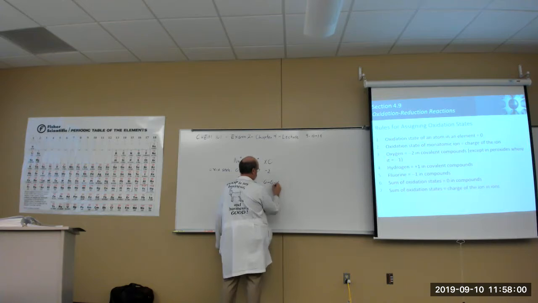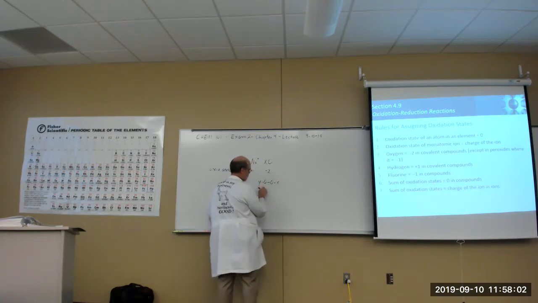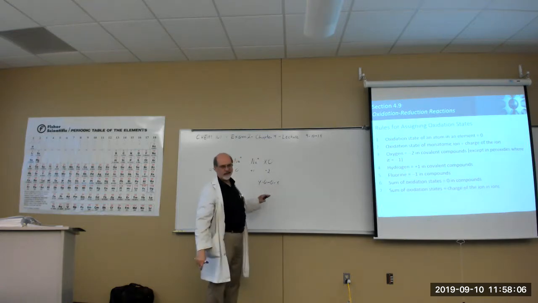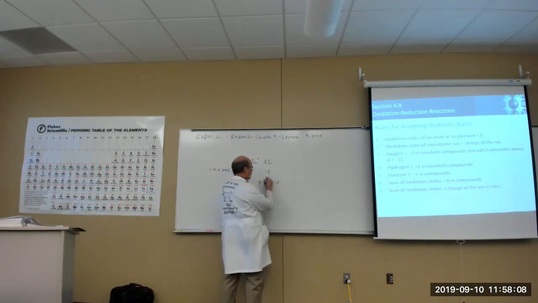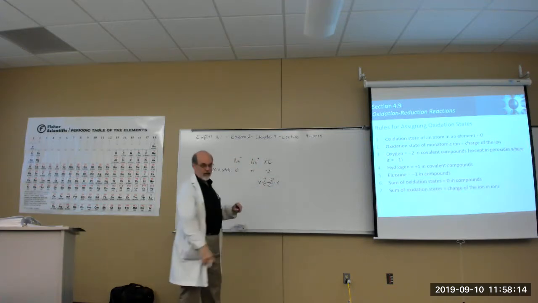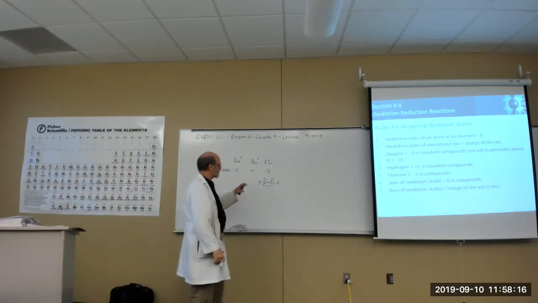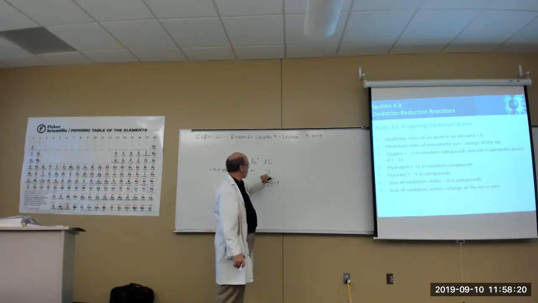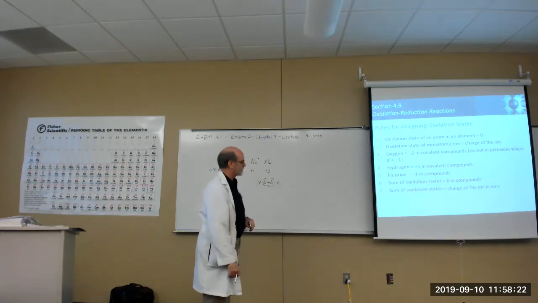So if we have something here, peroxide is 2 oxygens bound together and something else on either end. In that case, -2 is distributed over 2, which means each one is a -1. Okay? That's the oxidation state for peroxide. That's the only exception. Otherwise, oxygen is given an oxidation state of -2.